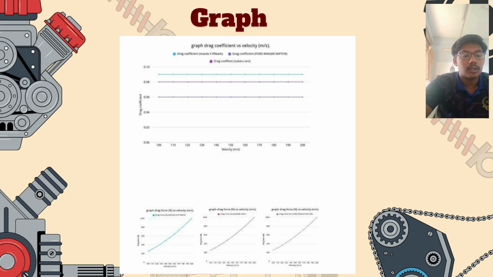We can see the drag force increases when the velocity increases. For the first graph, second graph, third graph, it is also the same, but the calculated answers are different, while the increase is the same as we see in the graph.